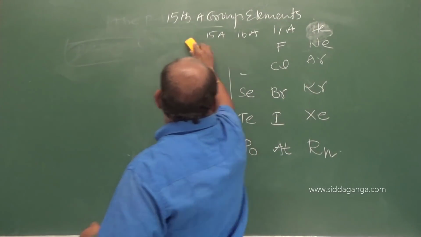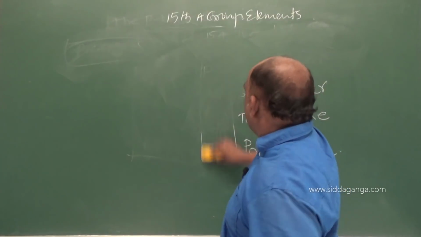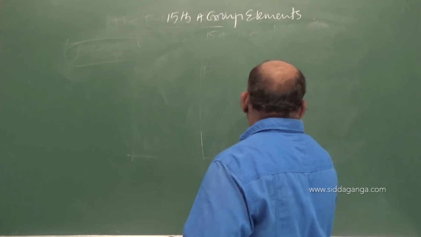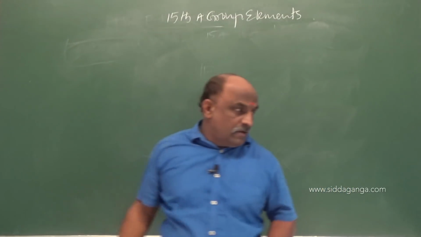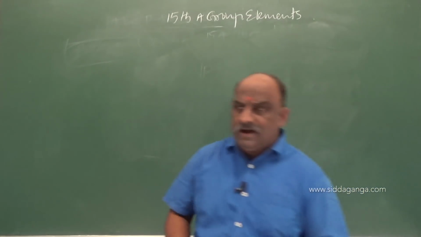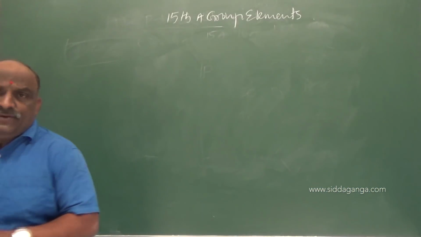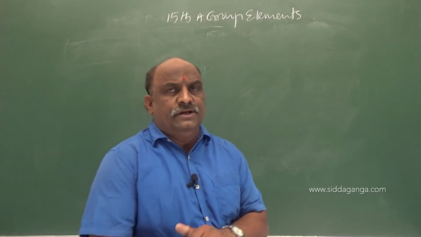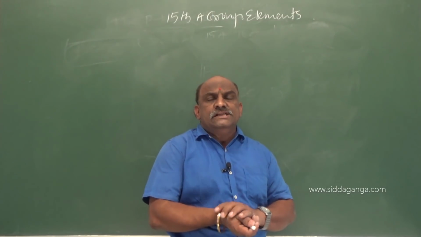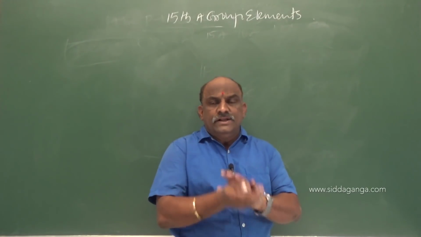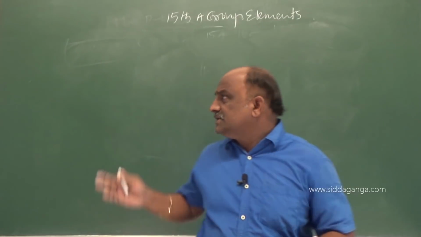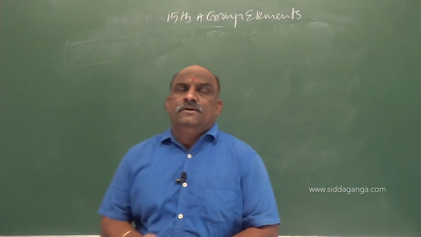So what are the 15th group elements and what are the general properties? How do we have to remember? From the point of view of orientation, we can easily find the option, because it belongs to inorganic chemistry.